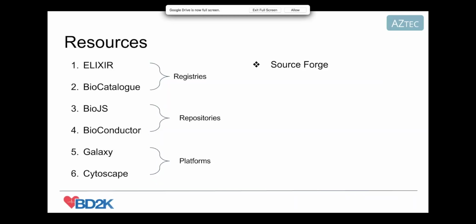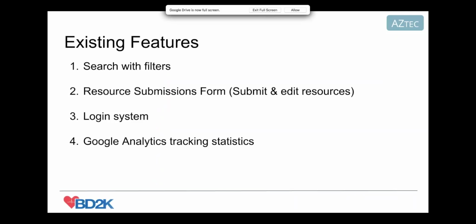And then Galaxy is a web platform for creating and running pipelines for biomedical research. And then Cytoscape is also a platform, but mainly for visualizations. And we're also in the process of integrating metadata from SourceForge, which hosts code and binaries from open source projects.